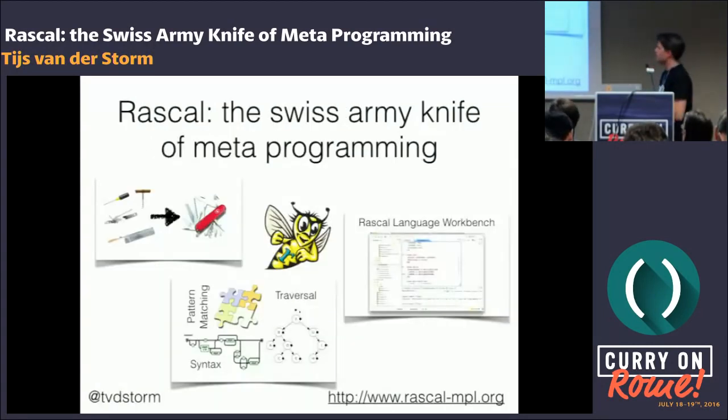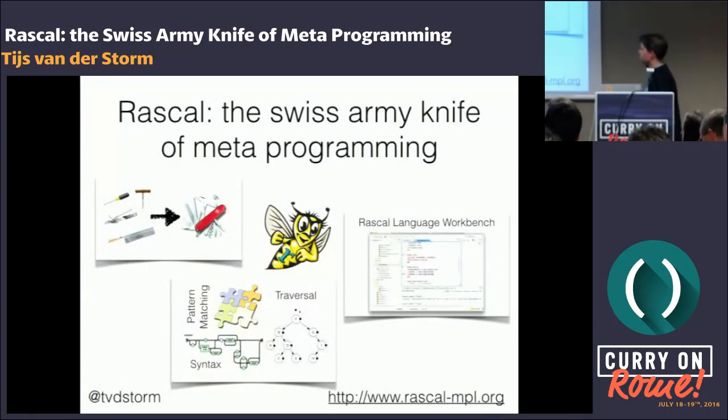Okay. So metaprogramming, we have lots of tools to do these things, but they don't integrate very well. We think that in Rascal we have bound together numerous existing language features in a unified whole.